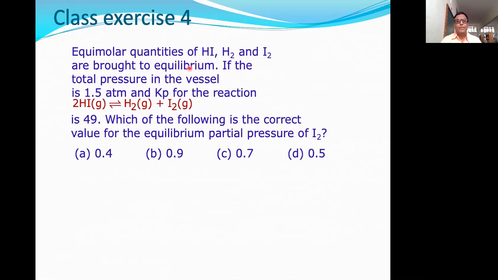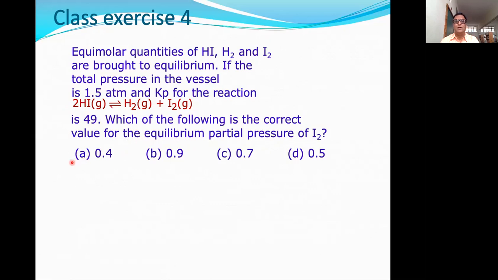We'll see the next problem. The equivalent quantities of HI, H2 and I2 are brought to equilibrium. If the total pressure in the vessel is 1.5 atmosphere and Kp for the reaction twice HI gaseous gives H2 gaseous plus I2 gaseous is 49, which of the following is the correct value for the equilibrium partial pressure of I2?